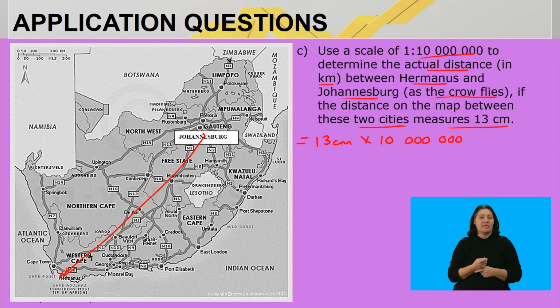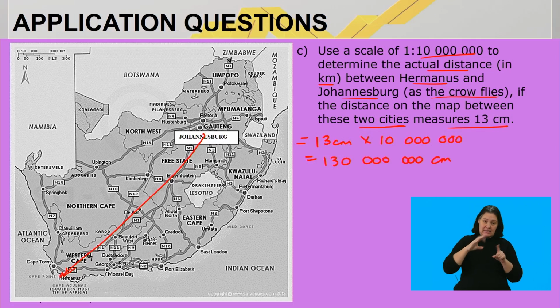So that will give me 130 million centimeters. Guys, are we clear? So first of all, I took the map distance, the 13 centimeters. I multiplied that by the scale of 10 million. So 13 multiplied by 10 million, that gives me an answer of 130 million centimeters, right?